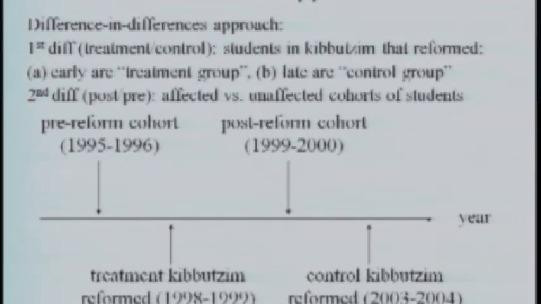Some individuals were too old to be affected by it. Others were young enough at the moment of exposure to react to it. So we have differences between kibbutzim and differences across cohorts, and these two types of differences will allow us to identify the treatment of interest.